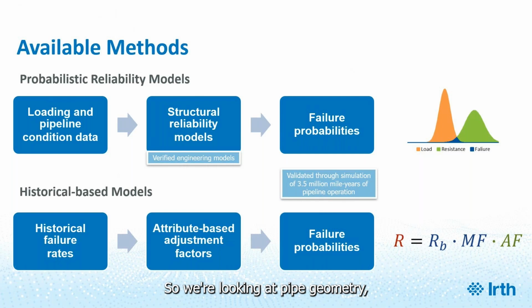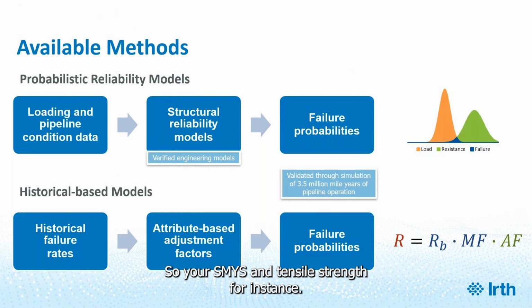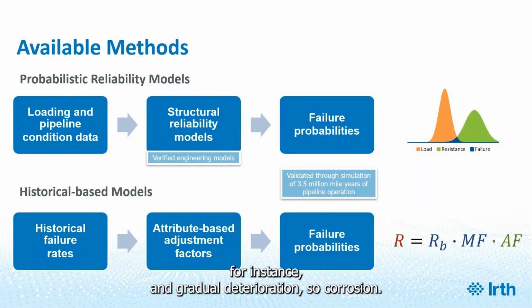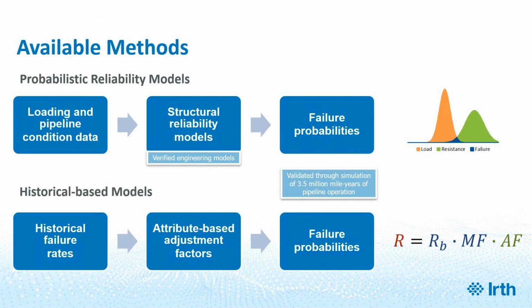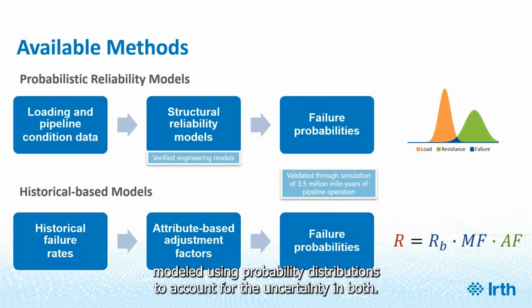So we're looking at pipe geometry, strength and strength characteristics, so your SMYS and tensile strengths, for instance, and the pipe's ability to resist the load. So any accidental loading, sudden strikes, for instance, and gradual deterioration, so corrosion. Both load and resistance are modeled using probability distributions to account for the uncertainty in both.